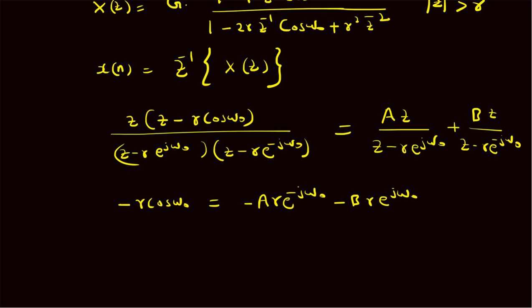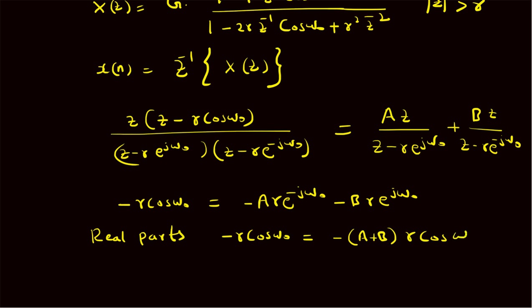So by comparing the real parts on both sides, we have minus r cos omega naught is equal to minus of (a plus b) r cos omega naught.